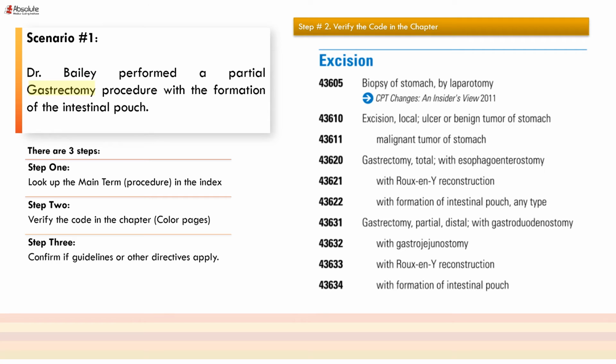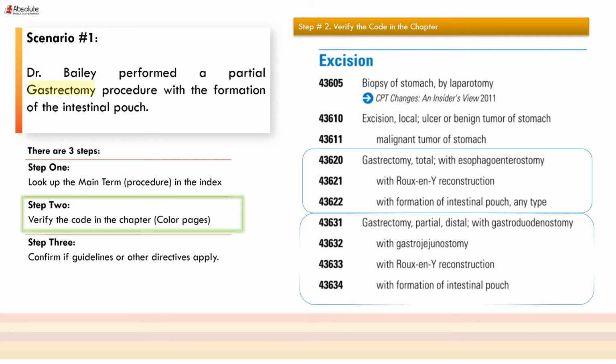We're going to verify the code. So we are now verifying the code in the chapter. If you look at the excision codes down below, you can see different types of gastrectomy procedures here. While we're at it, let's get a closer look at this. We have one family for total gastrectomy and one family for partial gastrectomy. Now, we already established that we're coding for partial gastrectomy, so we're really not going to be paying a lot of attention to the family code up on top.